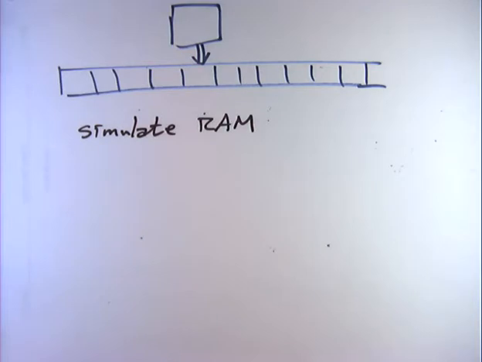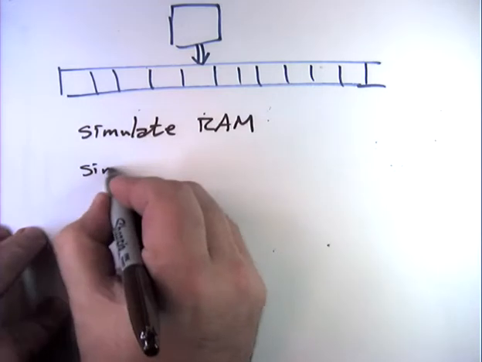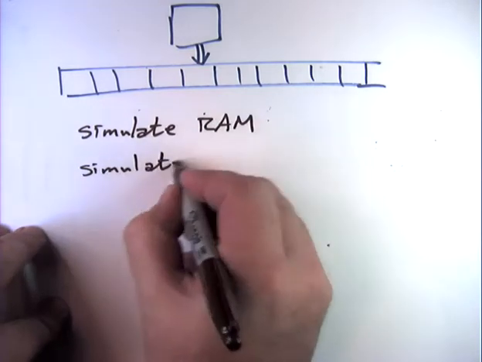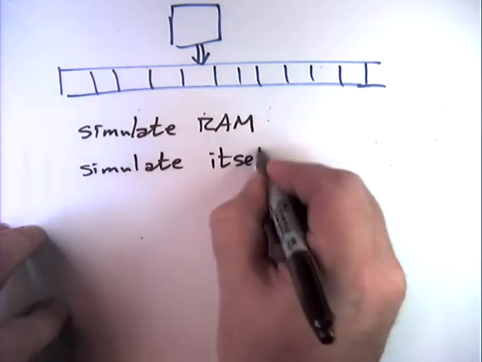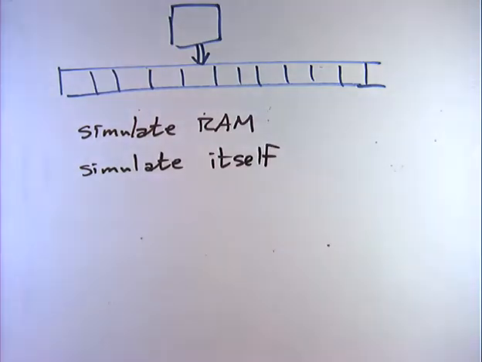And then the second thing that I want to build up to is the idea that a Turing machine can simulate itself. Again, I'm not going to do this in full, complete technical detail, but the intuition is that I'm going to show you how to write a Turing machine interpreter in a Turing machine.